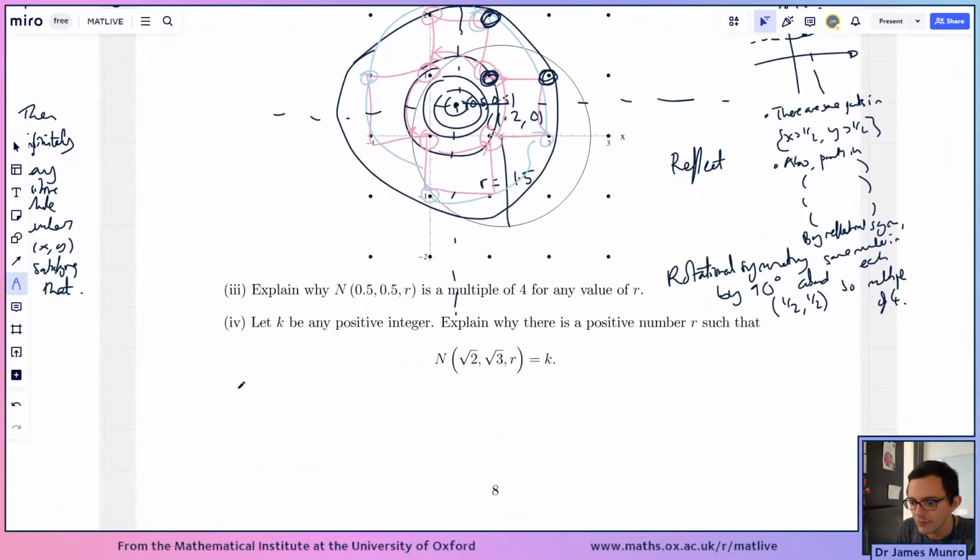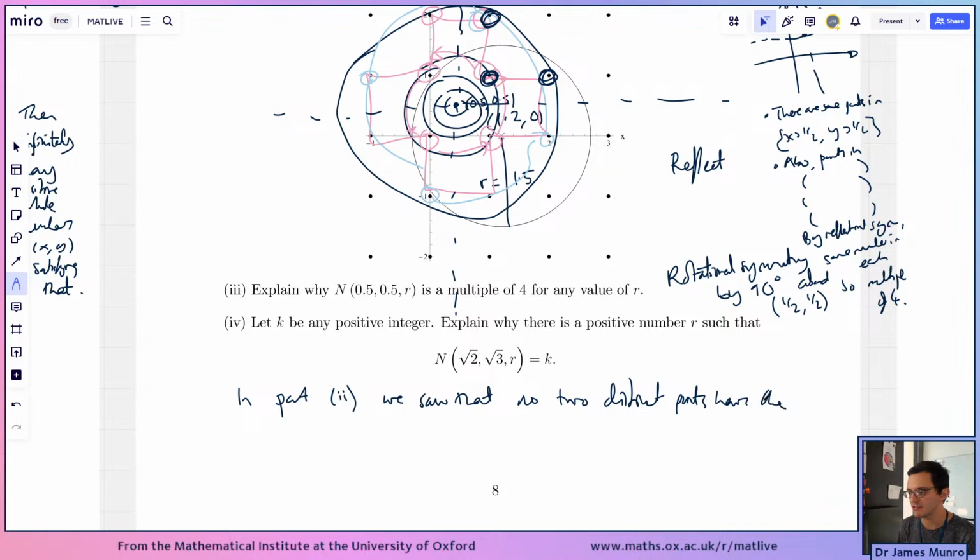So in part 2, we saw that no 2 distinct points have the same distance. They're the same distinct integer points. Same distance from root 2, root 3.